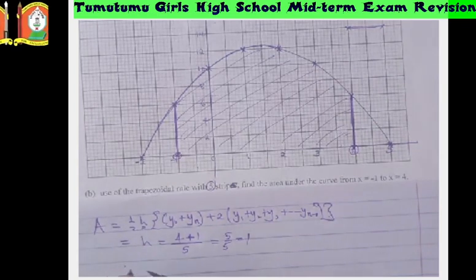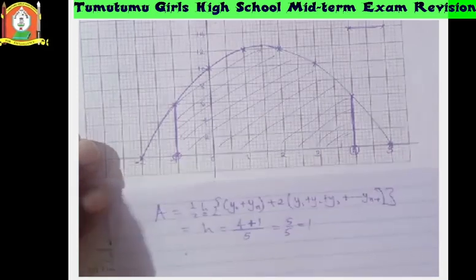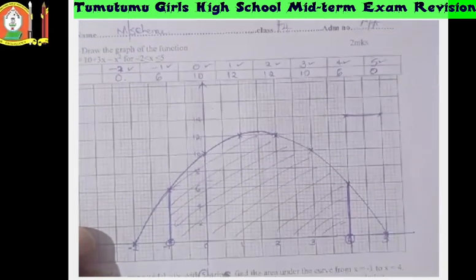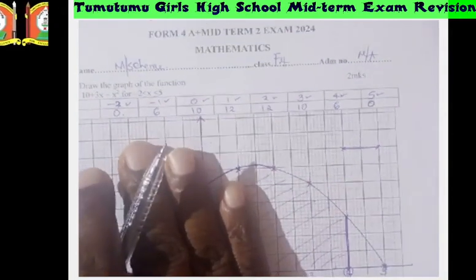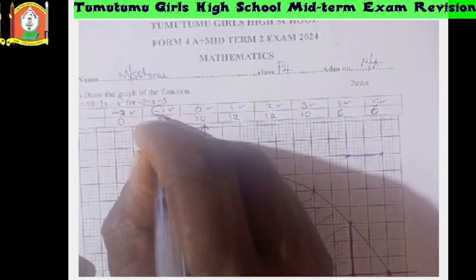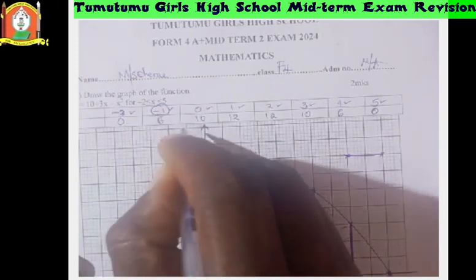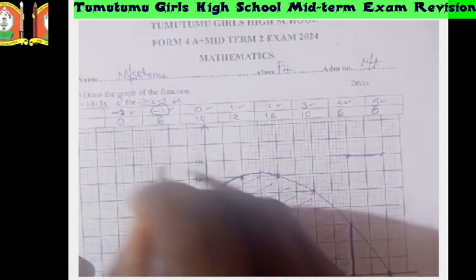Then we form a table. Let's get back to our table. From our table, we are starting from x equal to -1, and then we keep on adding the interval of 1.